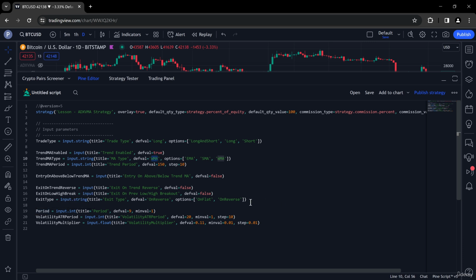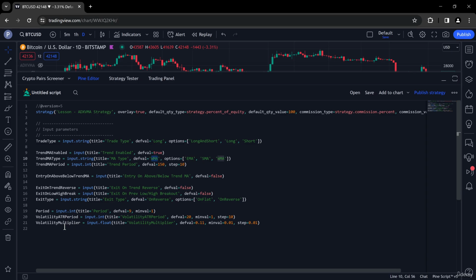This means that when this parameter is enabled, we are going to enter a position in our strategy only when the price is above or below the trend moving average. This parameter is optional, can be enabled or disabled.